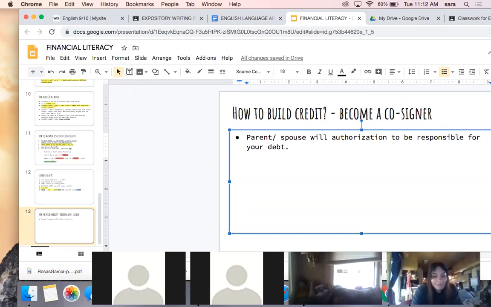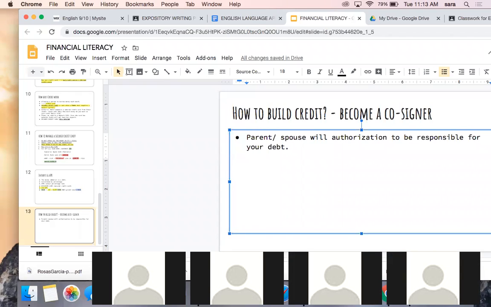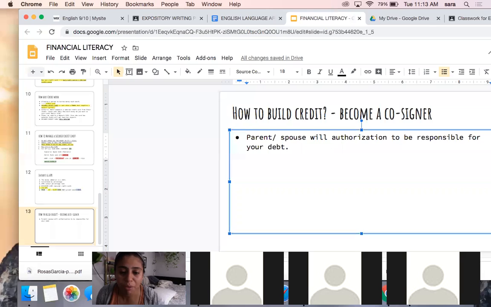So how does this work? Somebody older than you, it could also be a friend. It doesn't even have to be a family member. They can be responsible. So when you go and get a card, this is not a secured credit card. This is just a regular card, right? They say, oh, we want a card for this girl. Let me take, who are we going to take as an example? For Ashley, right? I go with Ashley. I'm her mom or whatever.